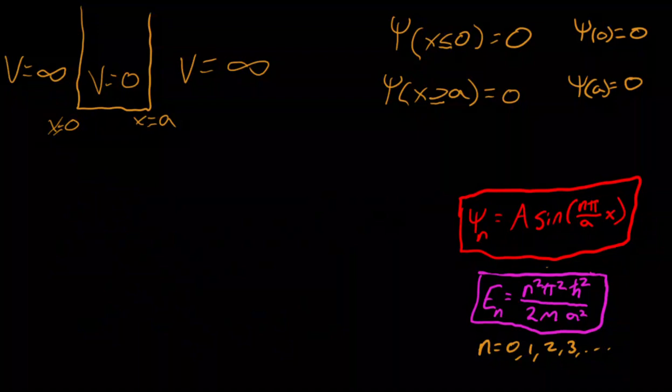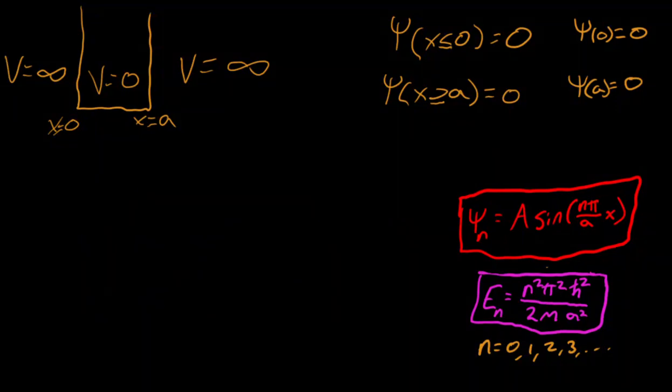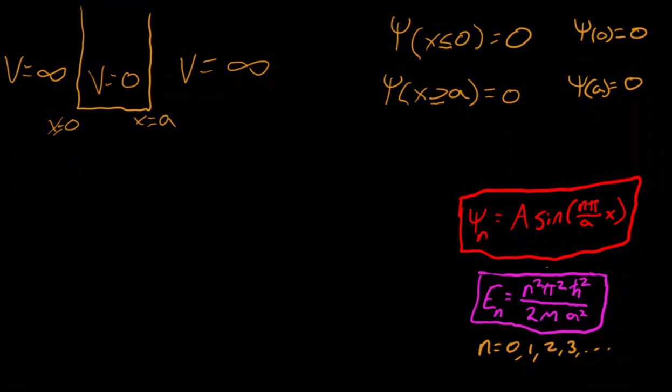Now all we have to do is plug in our normalization condition, where we have to normalize this wave function psi n. I'll just keep it as psi n, to see if we can come up with a general constant for normalization no matter which wave function we're looking at.